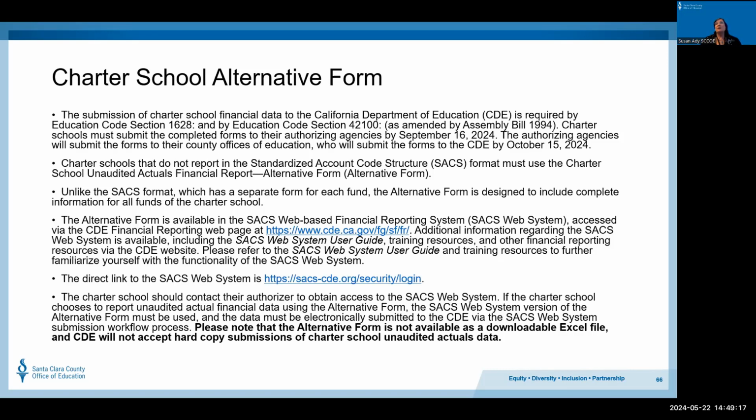The CDE will no longer be accepting any hard copy submissions. Everything needs to be submitted through SACS. So if you are a charter school and you need help getting into SACS, or you need to get your user roles set up, please contact your charter school authorizer and they will make sure that you get the help that you need.